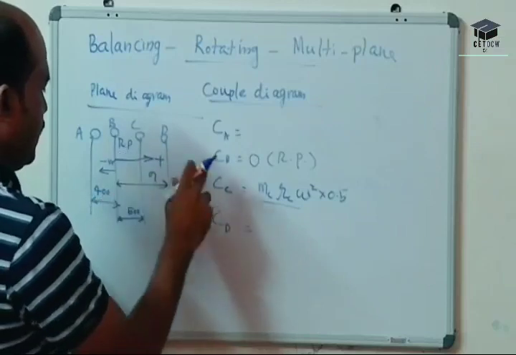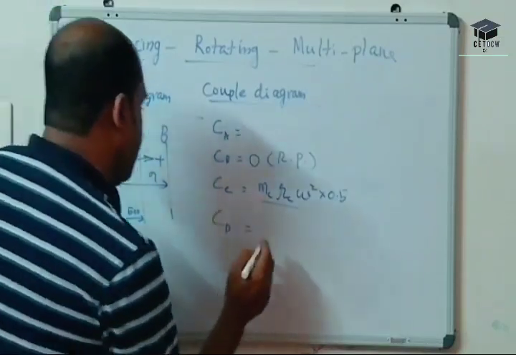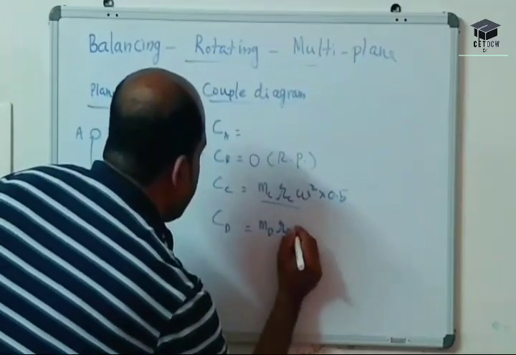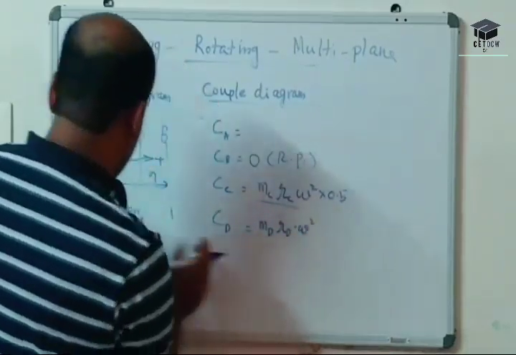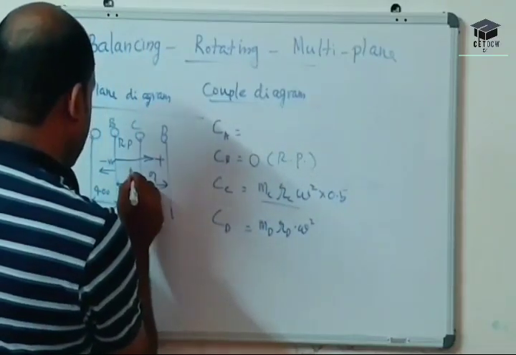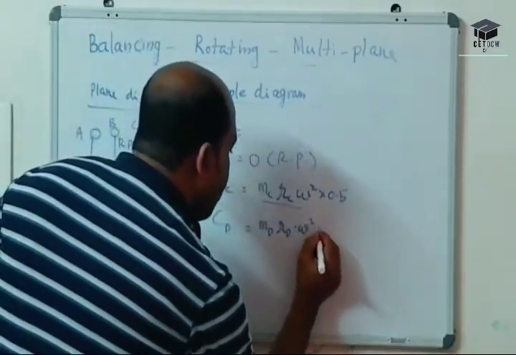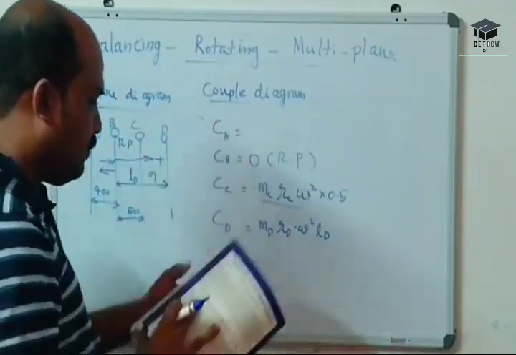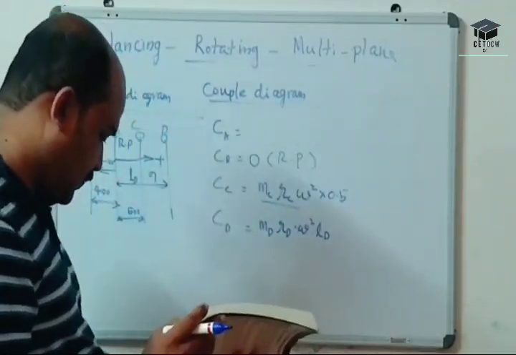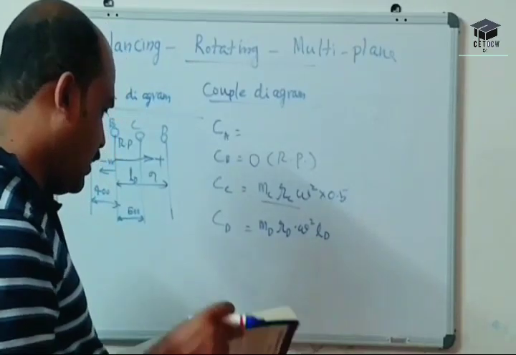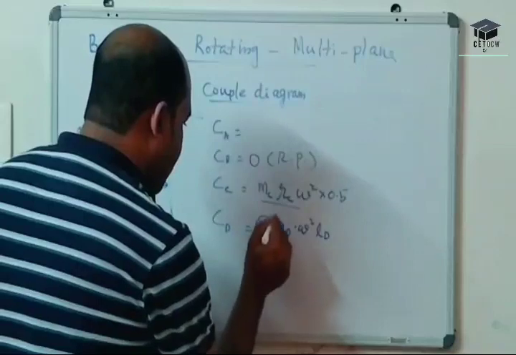Then couple D is MD RD omega square into this distance, say LD. I think this MD and RD are given. Yes, these are given.